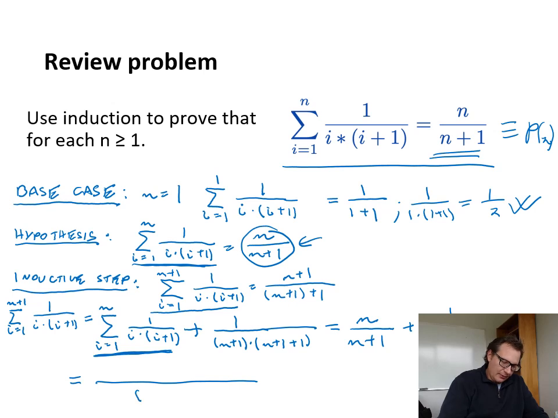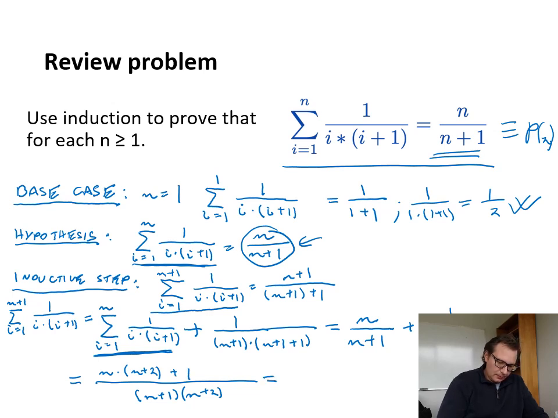So we have n plus 1 times n plus 2, and above we have n times n plus 2 plus 1.